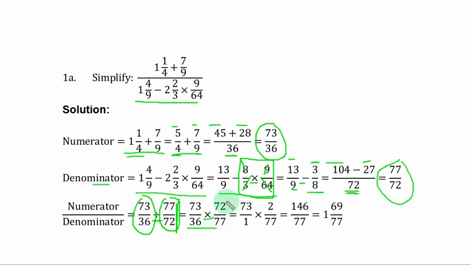When you cancel, 36 and 72: here becomes 1, here remains 2. That is what you have here. If you multiply, you have this result. The result is an improper fraction. If you convert to a mixed fraction, you have 1 69/77.